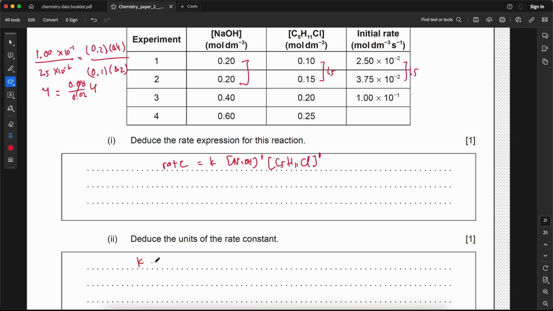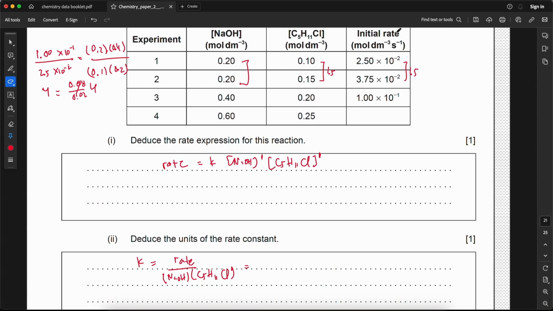Therefore, to find K, rate divided by concentration of NaOH and C5H11Cl.